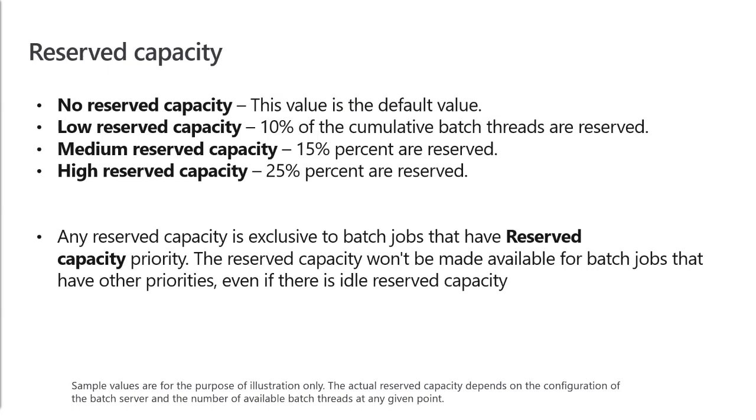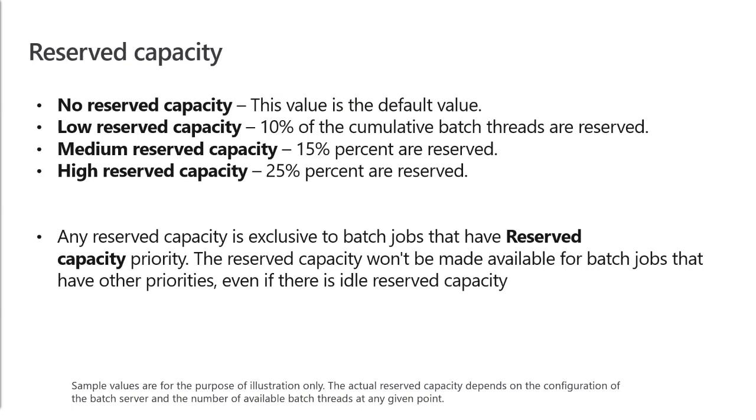The important part here is that this should be used very thoughtfully. This is now the only way you might have idle capacity, even if there are batch jobs waiting.